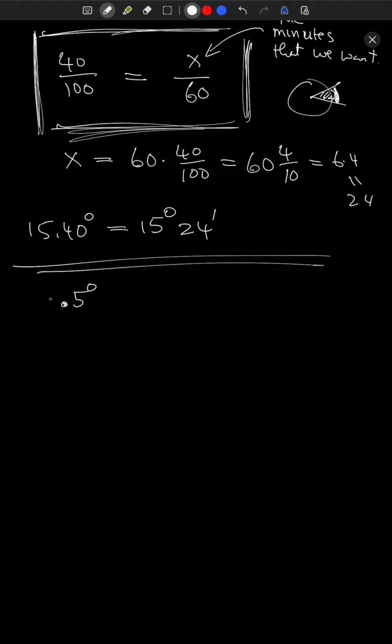So 0.5 degrees, what does 0.5 mean? Again, 0.5 means 50 out of 100, or we could just say 5 out of 10, same thing. The argument here is we want to express things in terms of 60s instead of anything out of 10s. So 5 out of 10 is equal to what out of 60?